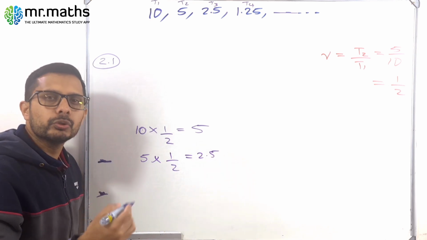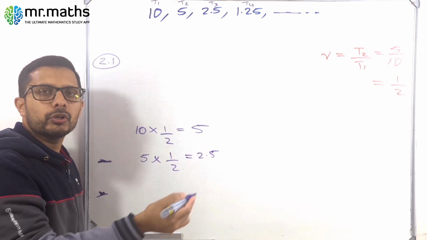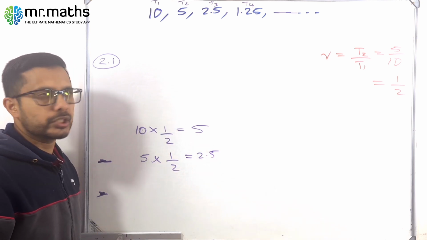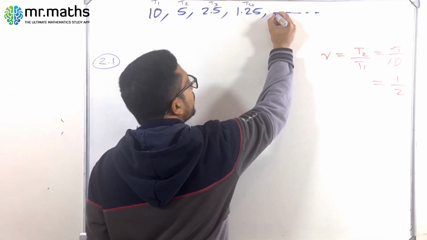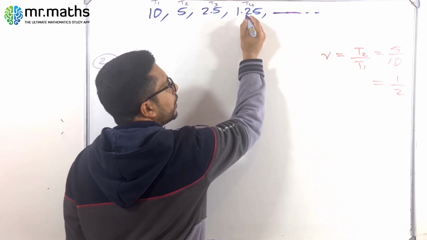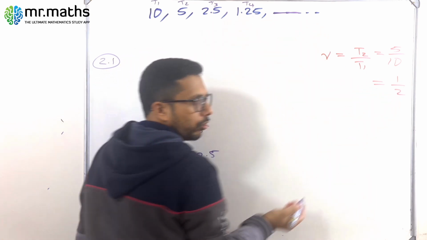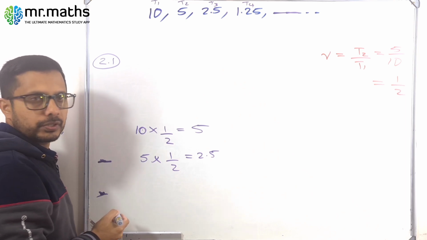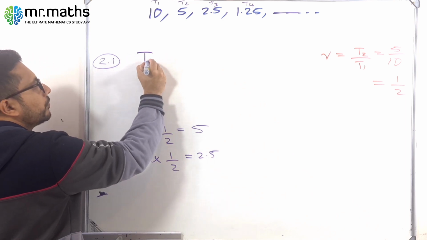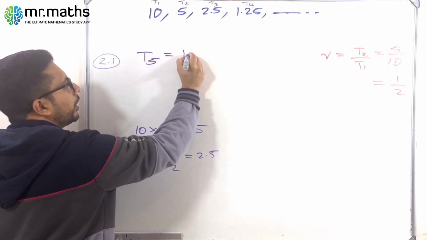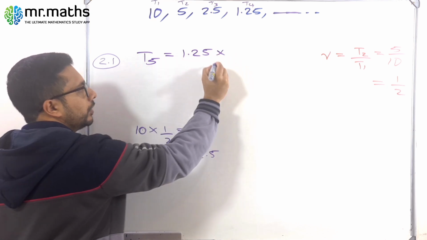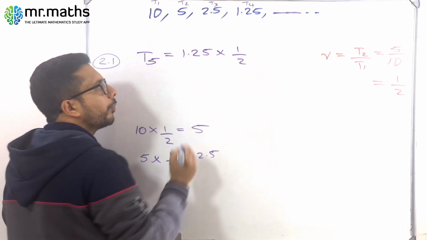You understand? So to get the next term, you have to multiply with the common ratio. So here, how can I find the next term? You have to multiply this 1.25 with 1 over 2 or half. So to find that fifth term, I have to multiply 1.25 with 1 over 2, the common ratio.